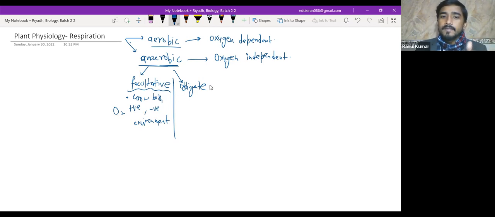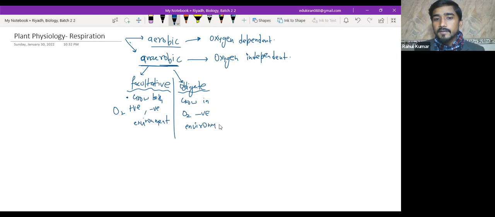If something is an obligate anaerobe, there is an obligation on you: if oxygen is present, you will die. So they can only grow in an oxygen negative environment, because oxygen for them is toxic.